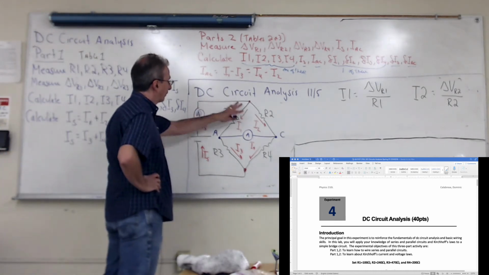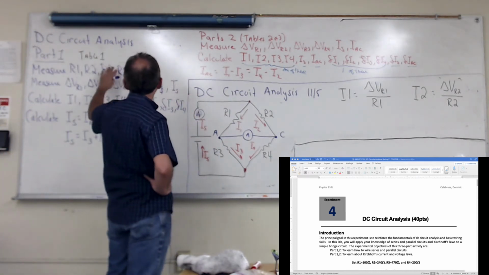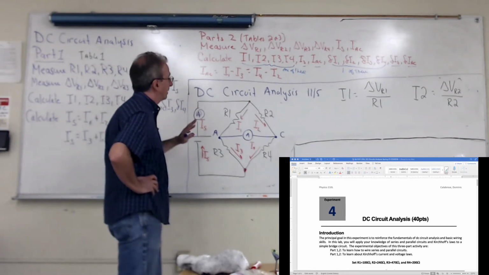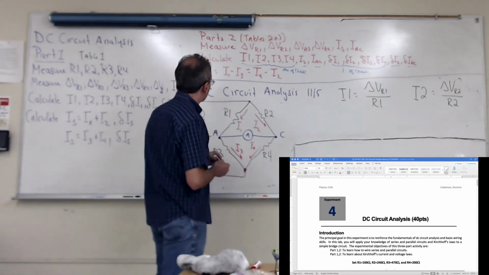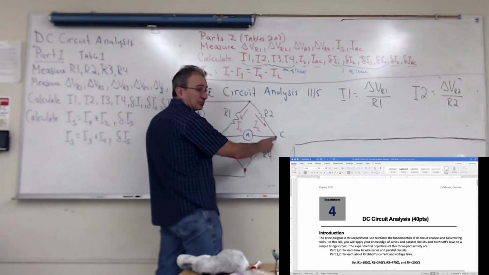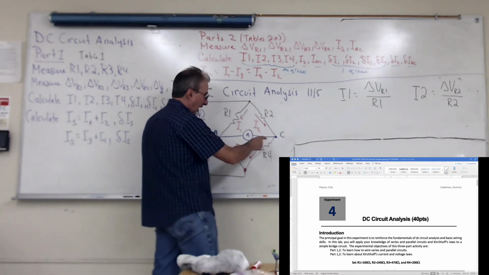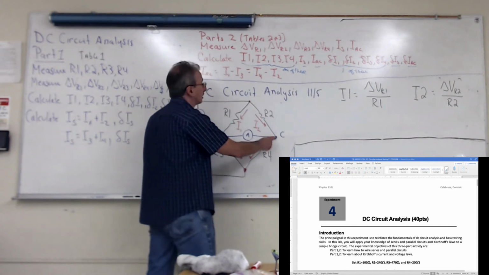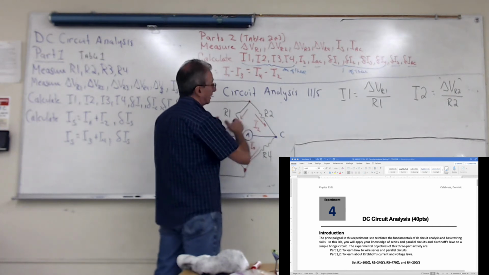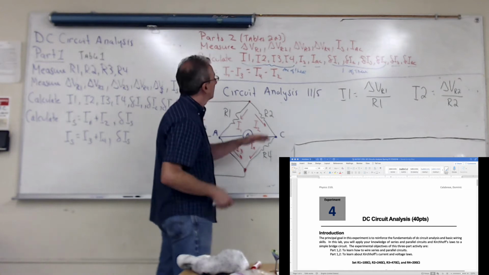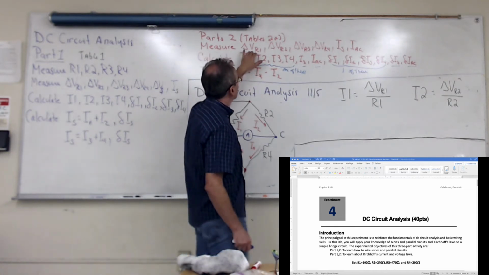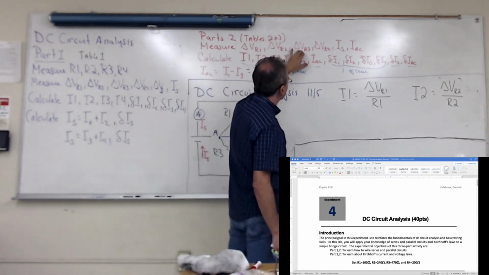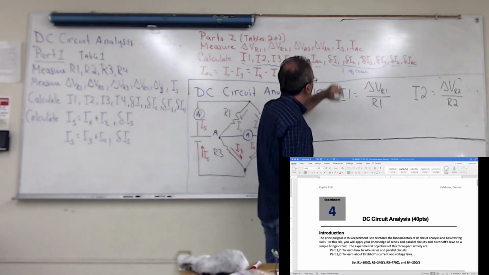For this part, you already know what the R values are, so I'm not going to repeat that. But the circuit has changed because you put this across. Ideally, the ammeter has no resistance, and so now these 2 points are at the same voltage. So you have a different circuit, and you'll measure the voltage across R1, R2, R3, and R4.